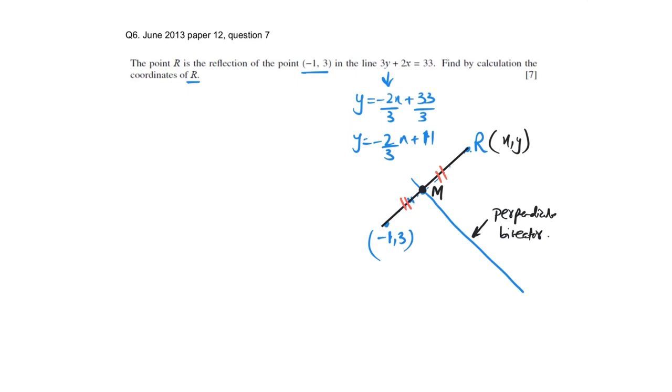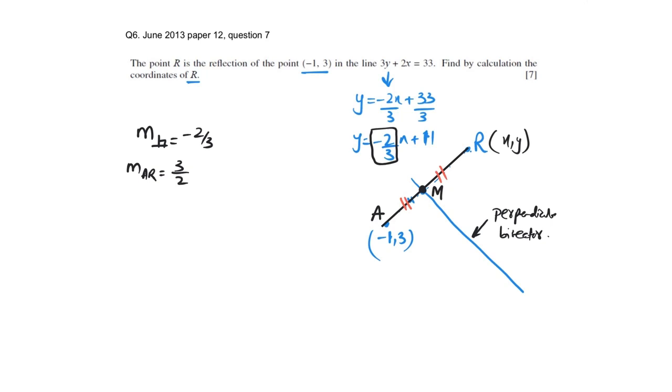The gradient of this perpendicular bisector is minus 2 over 3. Therefore, if I call this point A, the gradient of AR would be the negative reciprocal, 3 over 2.